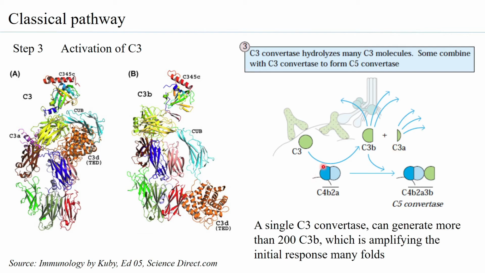Now, there are certain facts, and the fact is that a single C3 convertase, so this one basically, is able to generate more than 200 C3b molecules. So the question that comes up over here is, if there are 200 molecules of C3b being formed by C4b2a, so you can see how many C3s have been converted to C3b, and only say a few C3bs are going to bind to the C4b2a, then what are the other C3b molecules that have been formed doing?